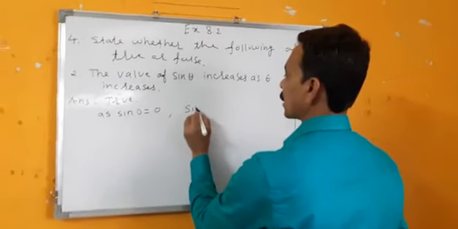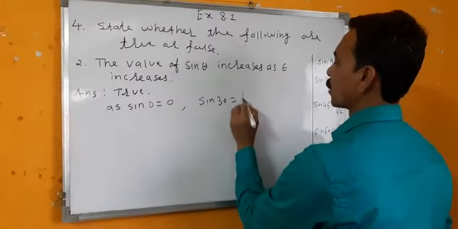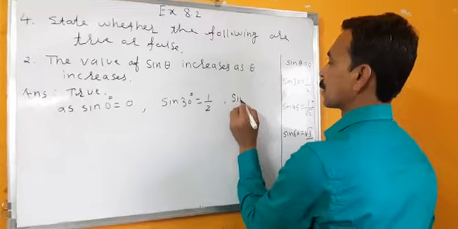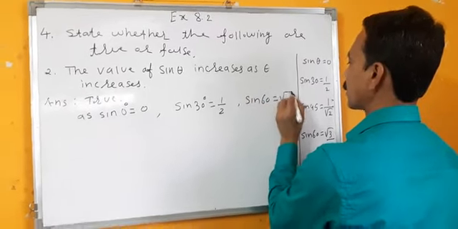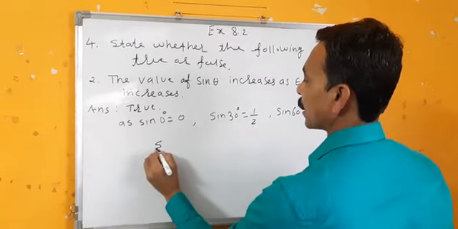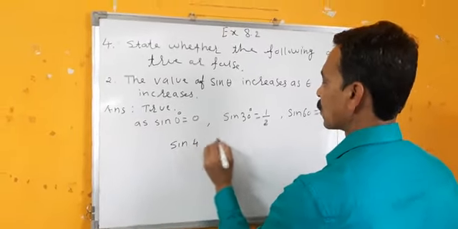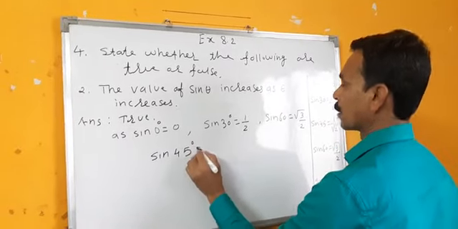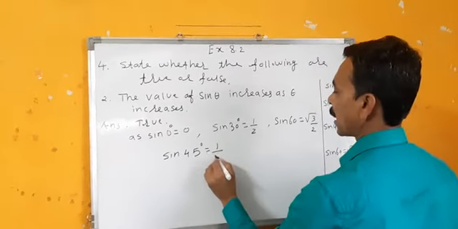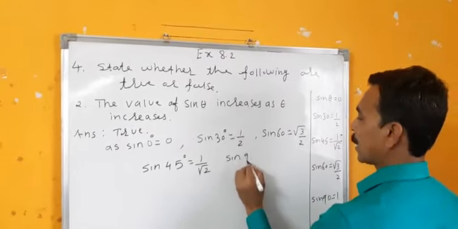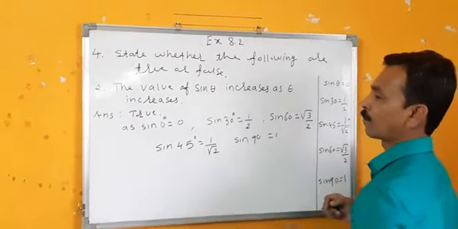Then sine 30 is equal to 1 by 2, sine 60 is equal to root 3 by 2, sine 45 is equal to 1 by root 2, and sine 90 is equal to 1.